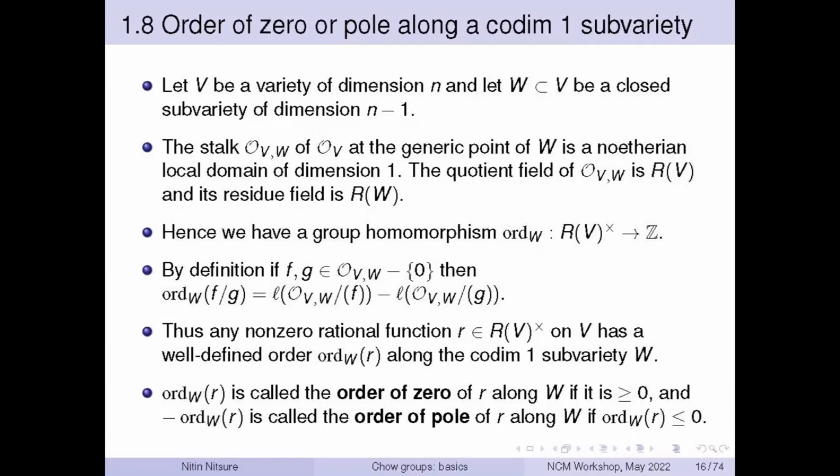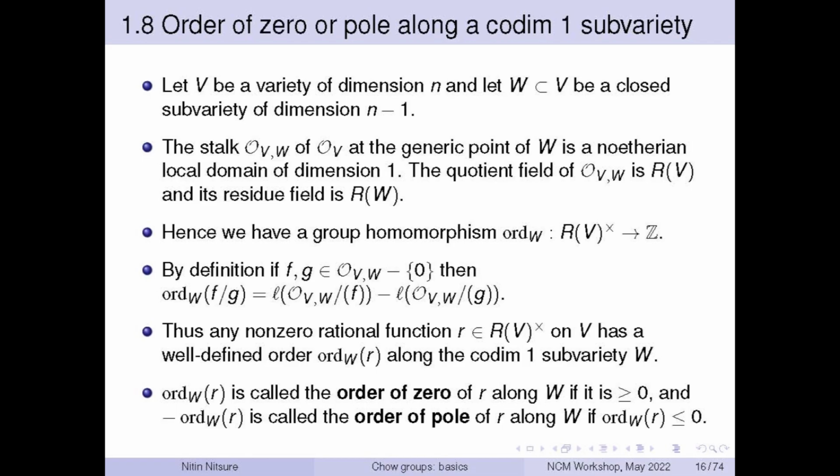So go to the generic point, take this one-dimensional local ring. The quotient field of this is R(V). The residue field is R(W). Even this sentence should be clear to you. Otherwise, go back to the situation where V is Spec A, and that's what you have to do to check this statement anyway.